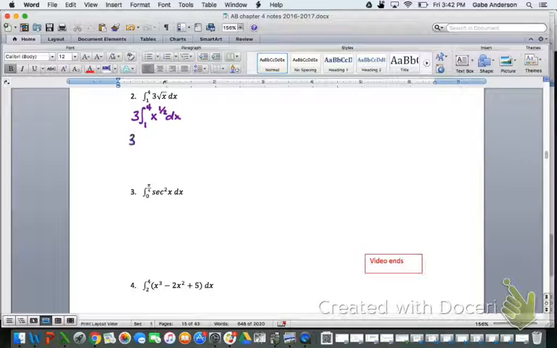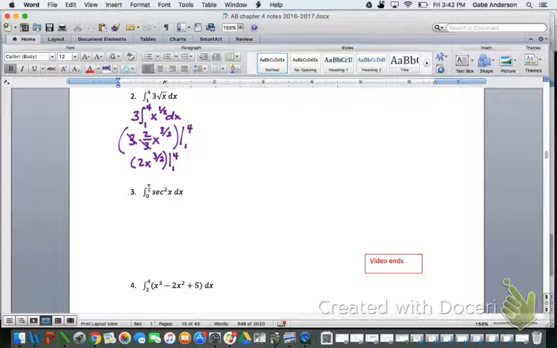That's step number 1, so it'd be 3 times x to the 3/2. As we've practiced before, that's divided by 3/2, but I'd write it as just times 2/3. This is evaluated from 1 to 4, but I think we could simplify this and make this just a 2, right? So this would be 2x to the 3/2 evaluated from 1 to 4.